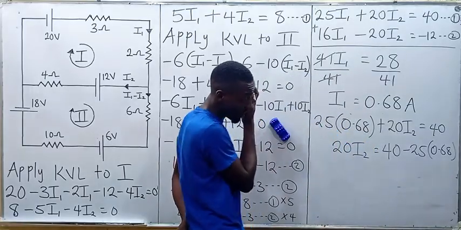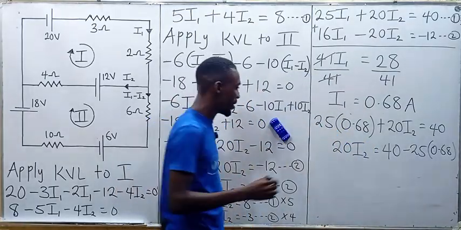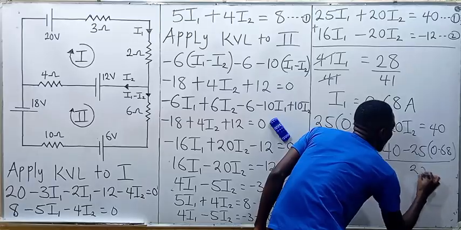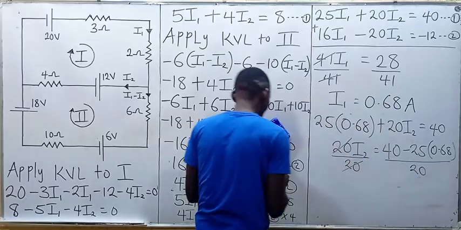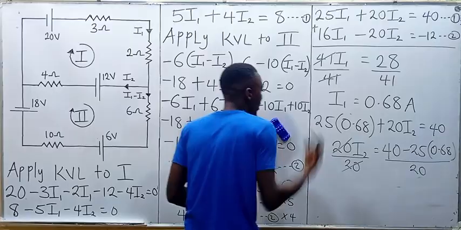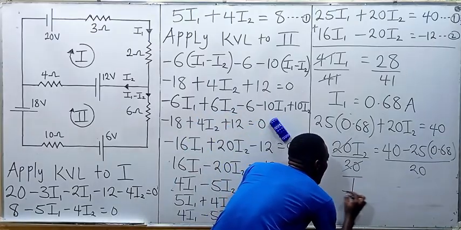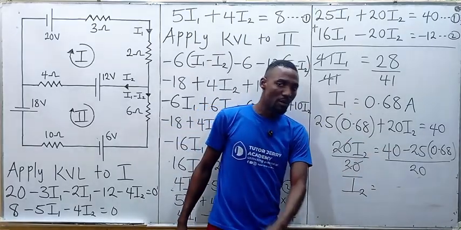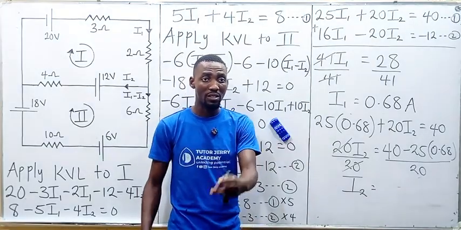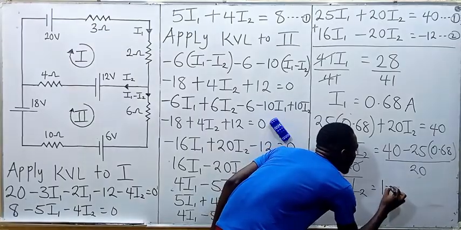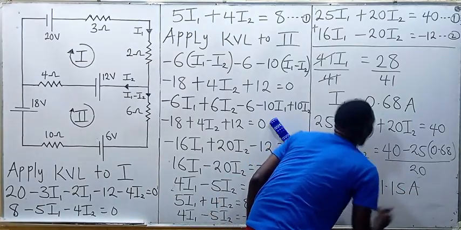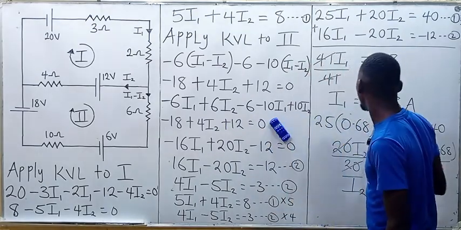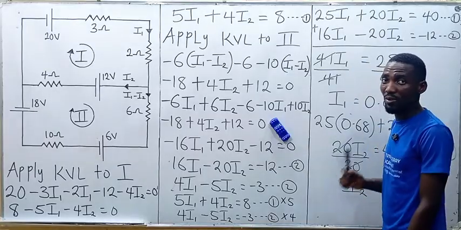All right, so for us to get I2 now, we are going to divide both sides by 20. So if you press 40 minus 25 into 0.68 divided by 20, you get 1.15 ampere.